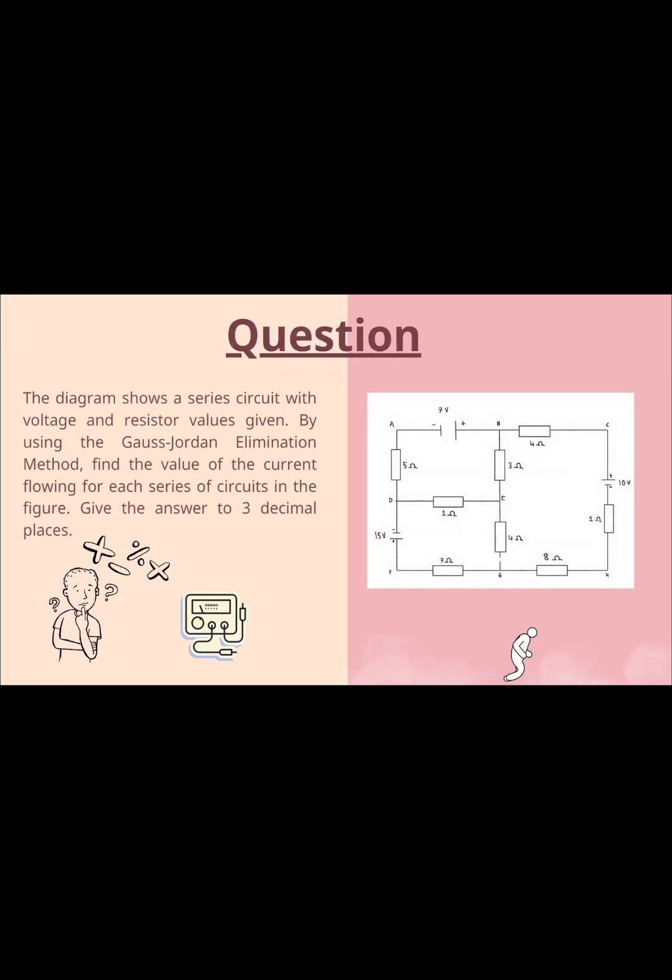The diagram shows a series circuit with a voltage and resistor values given. By using the Gauss-Jordan elimination method, find the value of the current flowing for each series of the circuit in the picture. Give the answer to 3 decimal places.